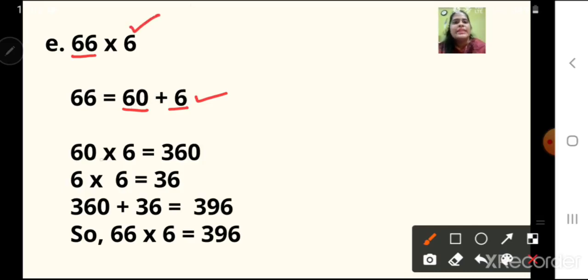Okay, 60 into 6 is equal to 360 and 6 into 6 is equal to 36. Correct. So as we have got the product, we have to add them. 360 plus 36, which is equal to 396. So our answer for 66 into 6 is equal to 396. Children, it is very easy, correct?